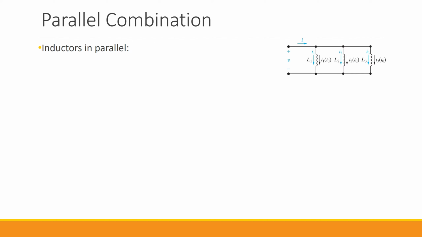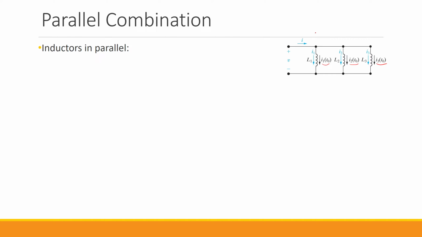Now let's see what happens if we have inductors that are in parallel. Here we have L1 with the current I1 being in parallel with L2 with the current I2 being in parallel with L3 with the current I3. And this time each one of these inductors has its own different initial current.